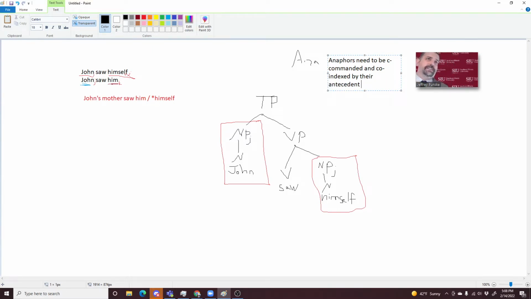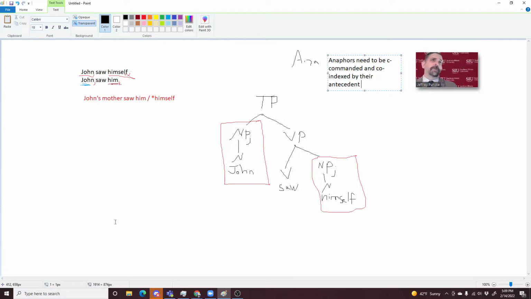All right, some fancy terms in there. I added this new term, antecedent. The antecedent is the element that gives the anaphor its meaning. So John here is our antecedent for himself. It precedes himself, and it gives himself that core meaning. So if we say something like anaphors need to be C-commanded and co-indexed by their antecedent, maybe that works.